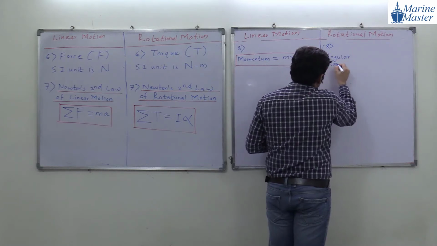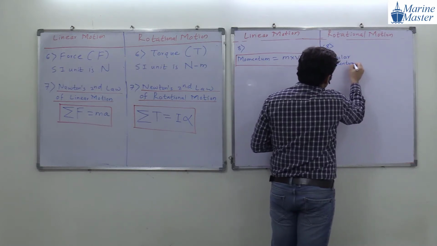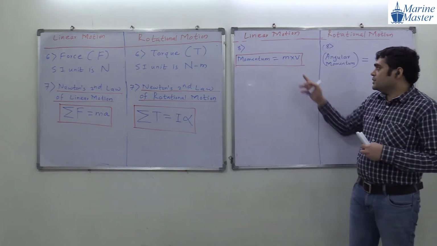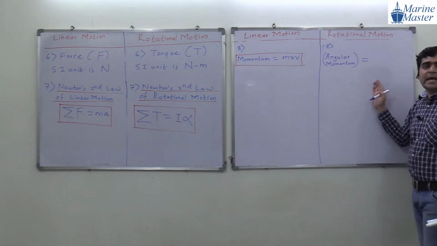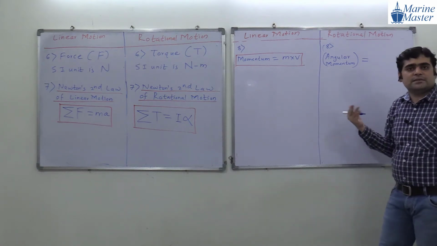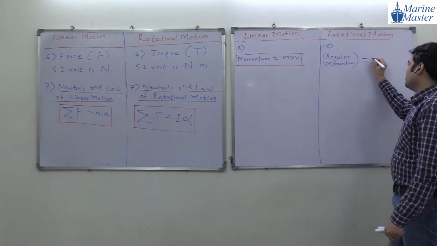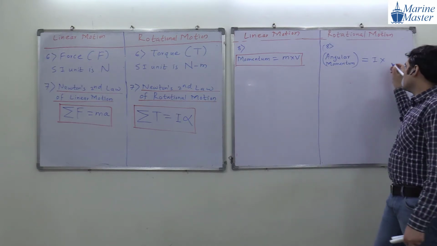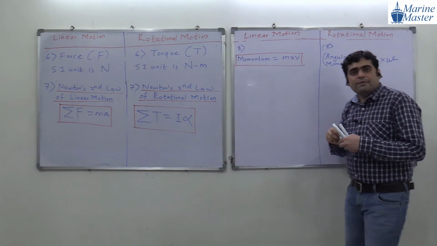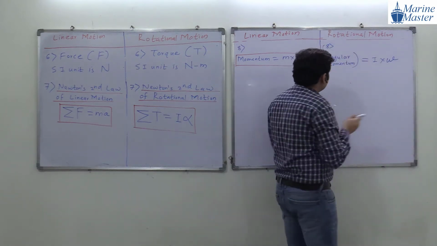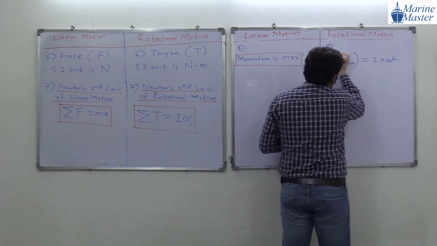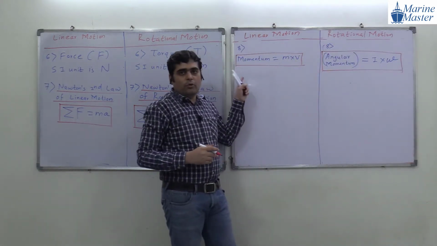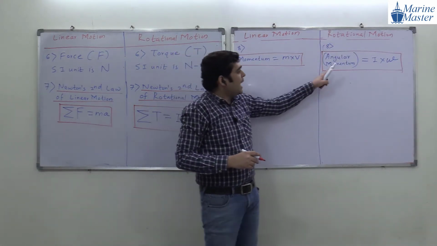Can you tell me the expression for angular momentum, guys? Instead of mass, what can we write here? Instead of mass, I. Okay, very good. Instead of V, what can we write? Omega. Okay, everyone getting my point? So angular momentum. Please everyone write down the 8th point side by side. Momentum means linear momentum; here, angular momentum.